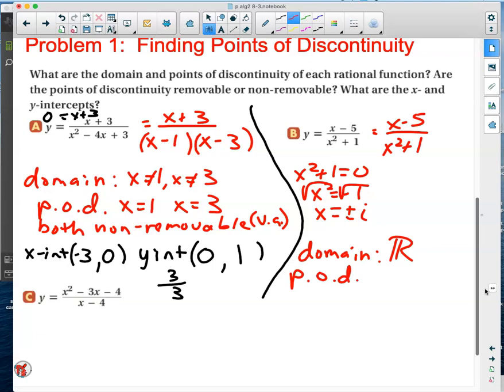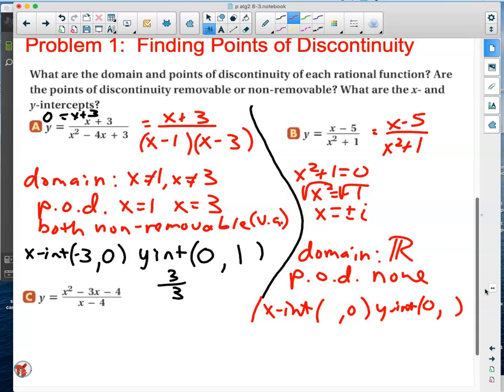Do we have any holes? Any vertical asymptotes? No, because we can't make our denominator 0. So this is none. We don't get any. So we don't get to tell them whether or not they're removable or non-removable. But there might be a pretty good chance that we can tell them an x-intercept and a y-intercept.